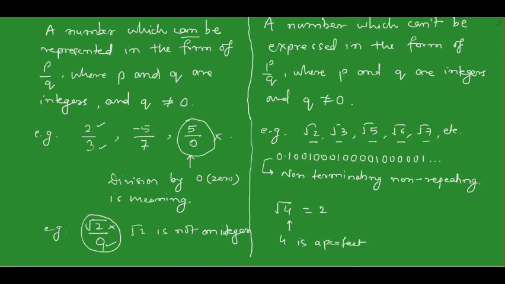And this 2 can be written as 2 upon 1, so it becomes rational. So root 4 is not included, but root 2, root 3, the square roots of non-perfect squares, will always be irrational numbers.